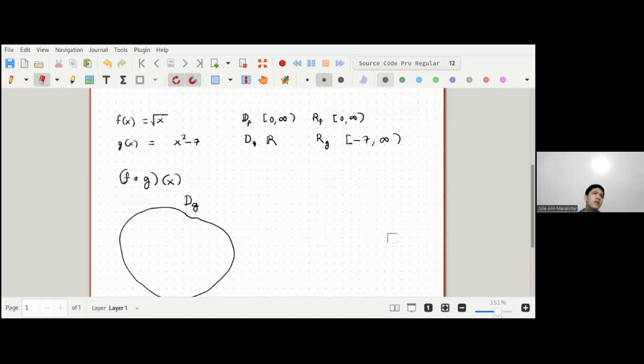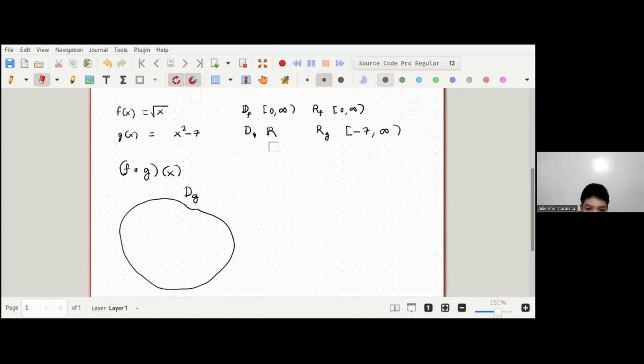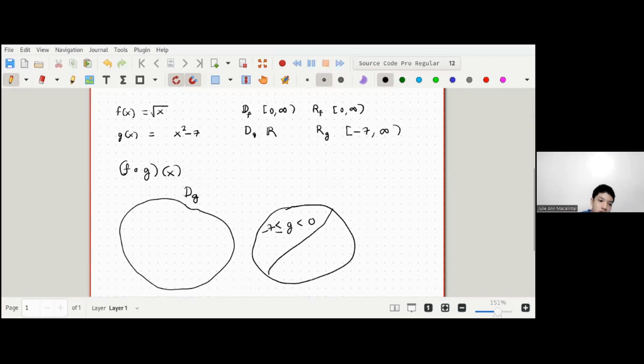Okay, so let's look at yung composition ng f circle g dito. Ngayon, tingnan natin yung range ng g. So ito yung range ng g: g is less than 0, greater than or equal to -7, and then g greater than or equal to 0.